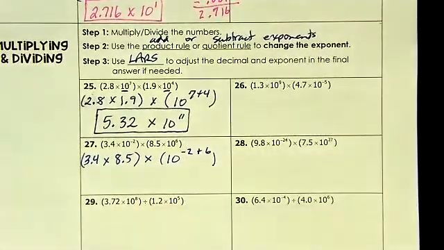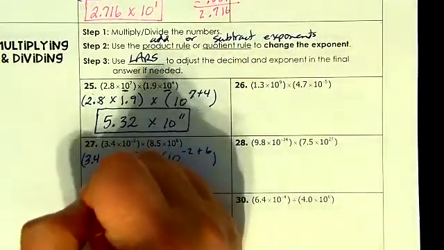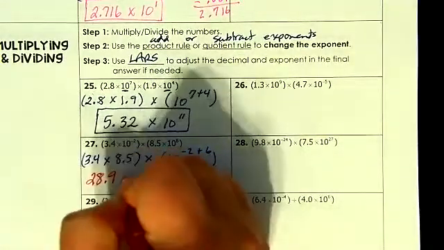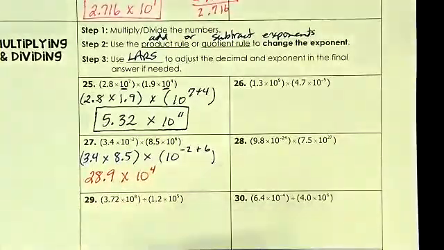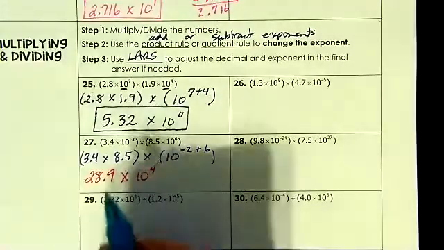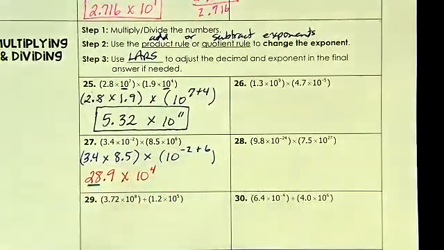Okay, so now the next part, I'm going to do that multiplying 3.4 times 8.5, and that gives me 28.9 times 10 to the 4th. But my problem is, this is not correct scientific notation. There are 2 digits in front of the decimal.